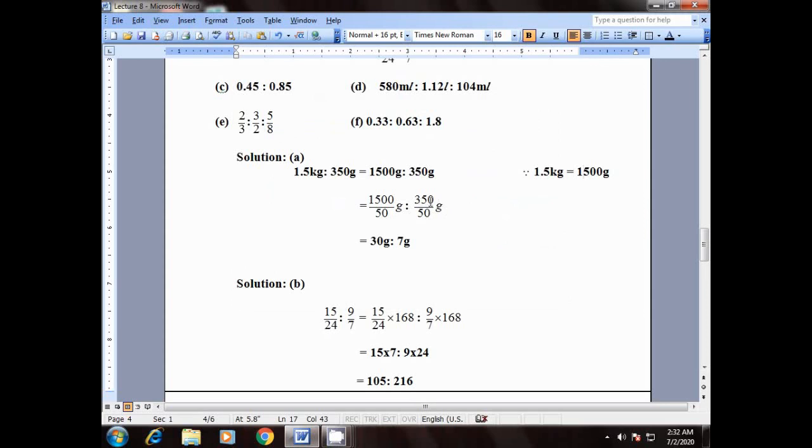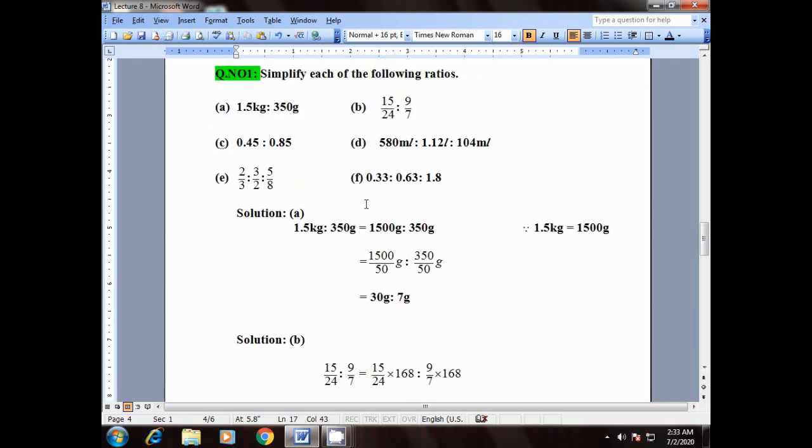First of all, let's remove the zeros from the numerator and the denominator position. We have left 35 divided by 5. Now if we divide this 35 by 5, we will get the quotient 7, which means 30 gram ratio 7 gram is the simplest form of 1.5 kg ratio 350 gram.